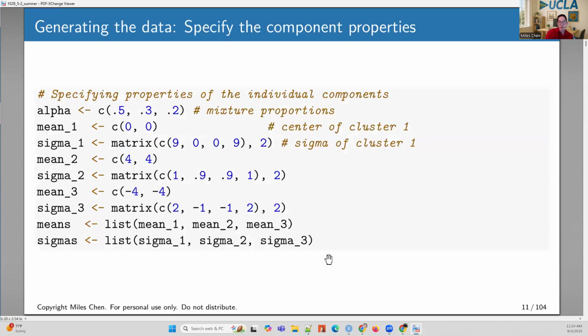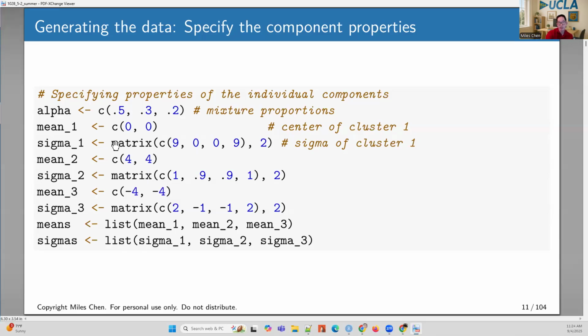So here is the code used to generate our points. First I'm going to enter all of our parameters. I have my mixing proportions in this vector alpha: 50% component 1, 30% component 2, 20% component 3. Then I have the vectors for the mean of component 1, the mean of component 2, and the mean of component 3: 0, 0, 4, 4, -4, -4.